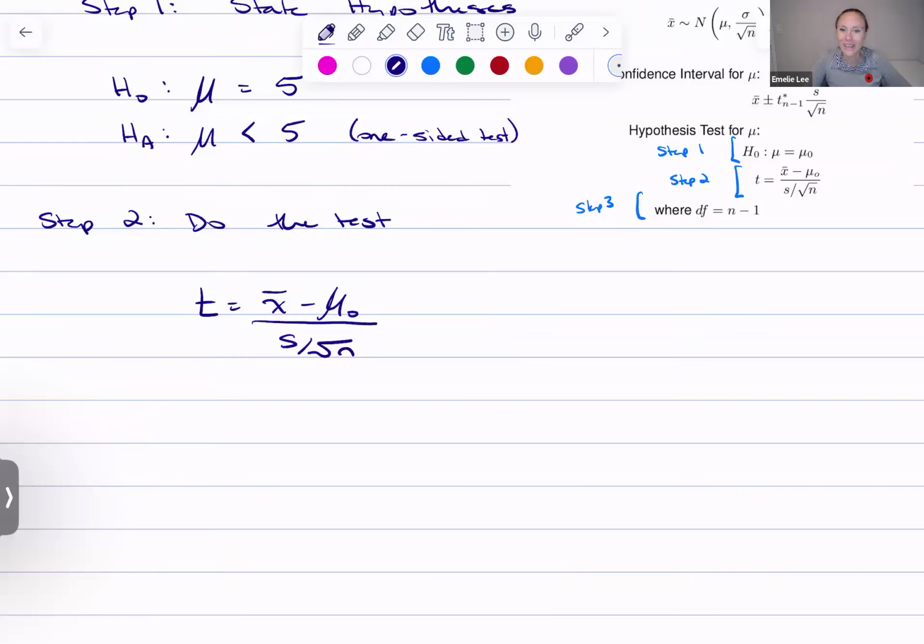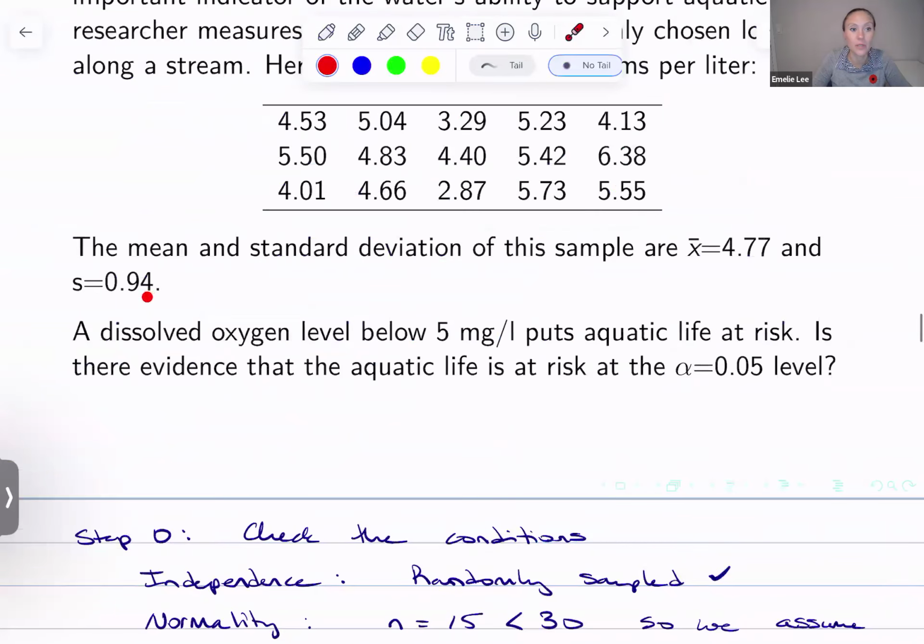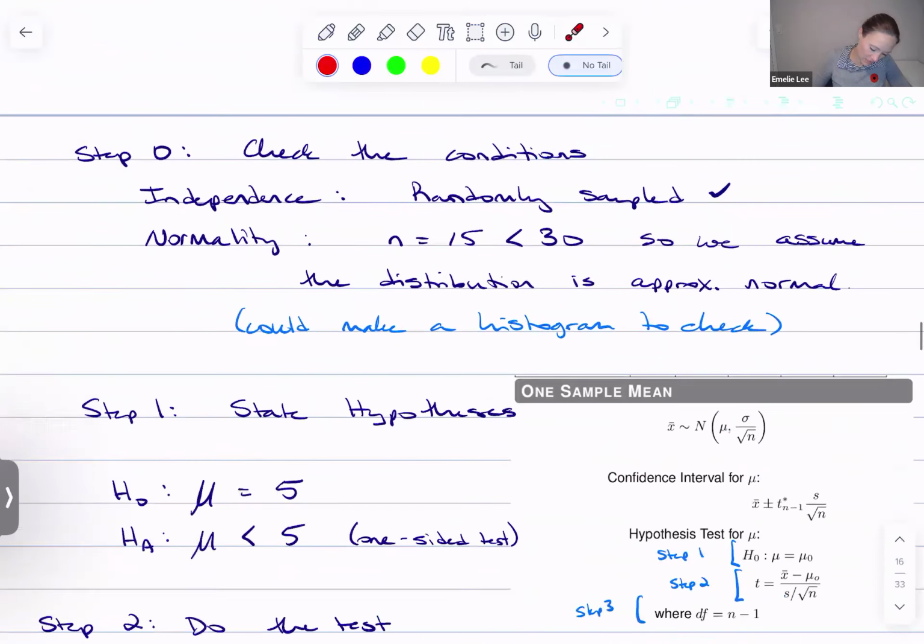Nice. I have all those numbers, so let's just plug them in. T is 4.77 minus 5, right? How far is 4.77 from 5? If I take into account the standard deviation, which we're told was 0.94, divided by the root of n, which was 15.